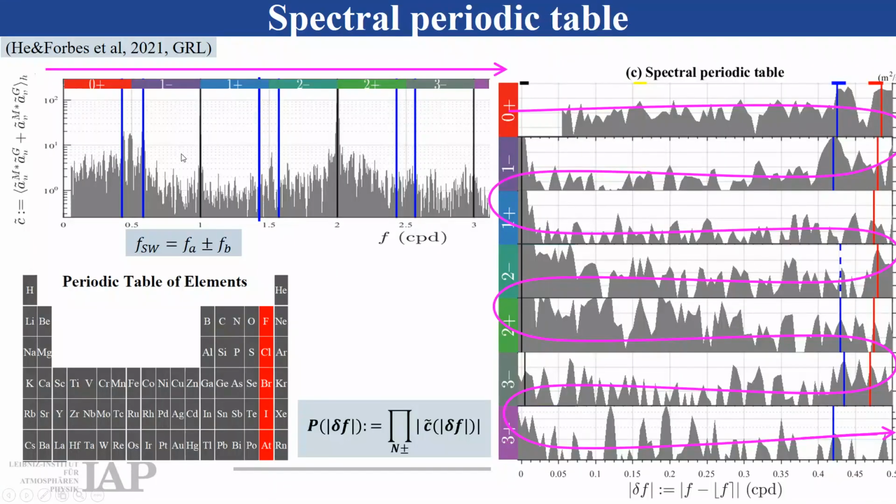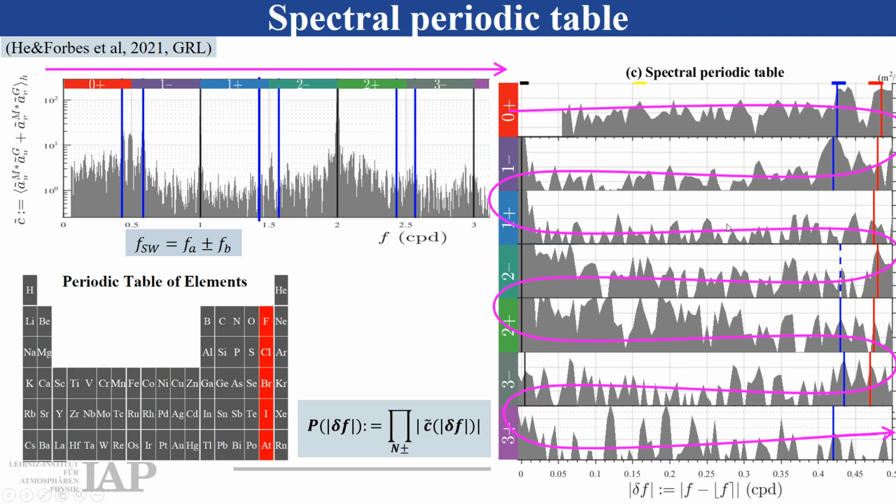To do this, we designed a method called the spectral periodic table, inspired by the periodic table of elements. We first cut the original cross spectrum into 0.5 cycle per day wide slots. Then we wrap these slots along this magenta line.